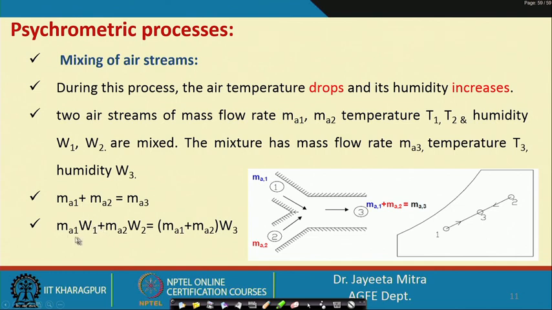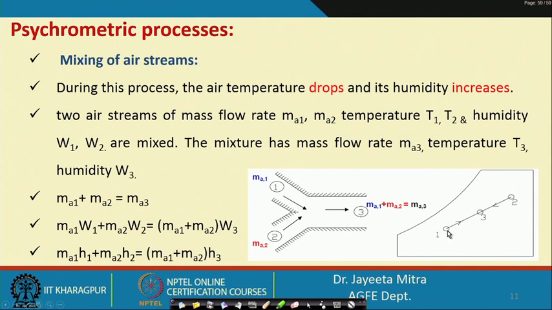For the moisture content, Ma1 into W1 plus Ma2 into W2 equals (Ma1 plus Ma2) into W3, because they will have a new or changed humidity from the inlet and outlet streams. This way we can calculate the other properties, for example enthalpy.